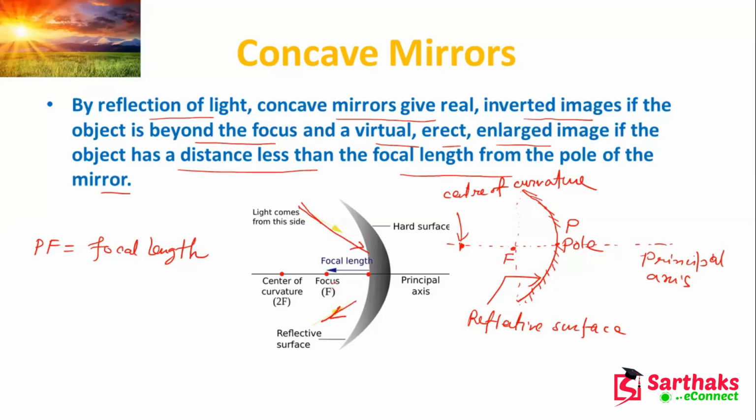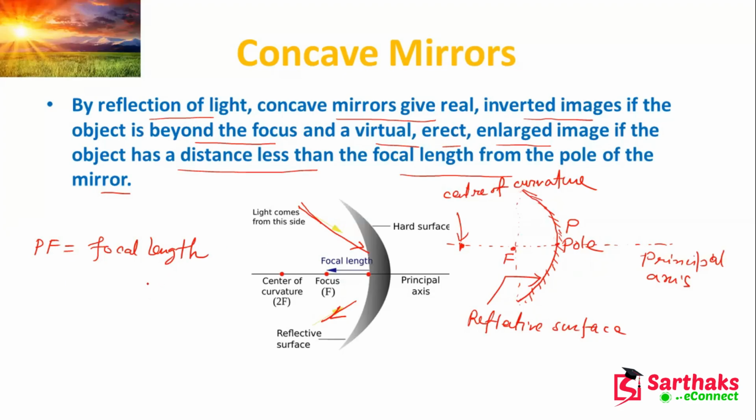Okay, so this is the concave mirror. That means there is this type of mirror where this is the reflecting surface and the opposite side is not the reflecting surface, and this one is the pole. The midpoint of this curvature is the pole, then the focus, then the center of curvature.